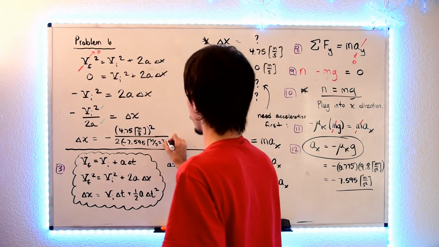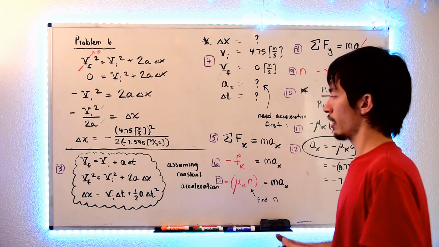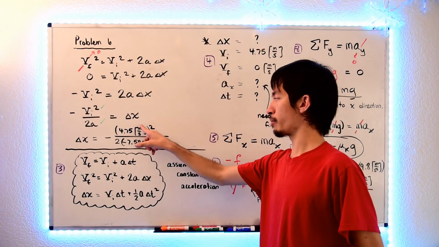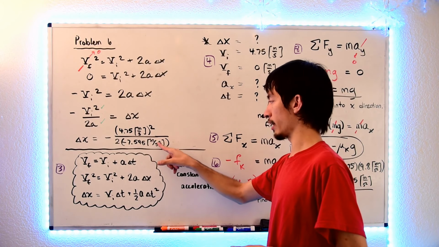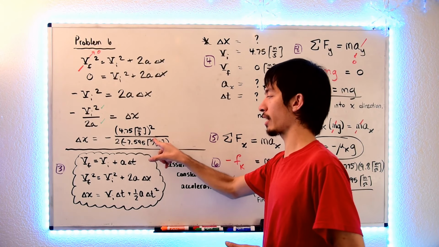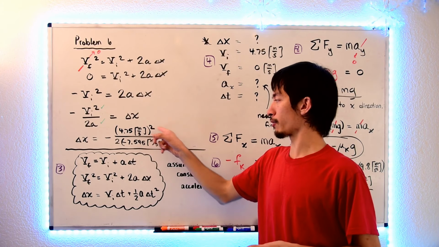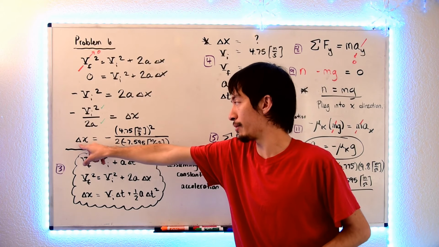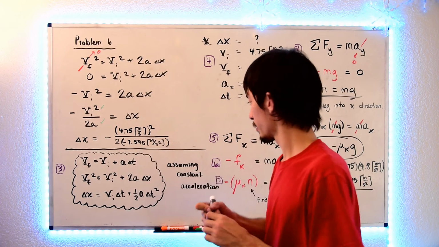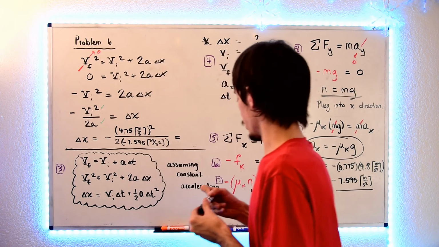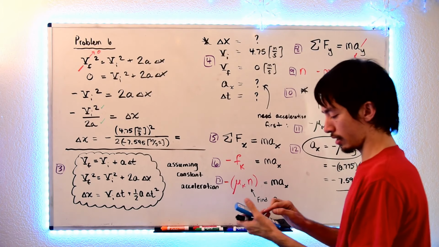Okay. Units will cancel out because it's meters squared per second squared, and then here you're basically lacking one of the meters. So you'll cancel everything out except for meters, and you should get a distance in meters. So plugging that in.